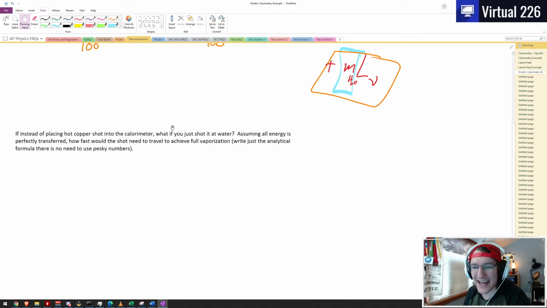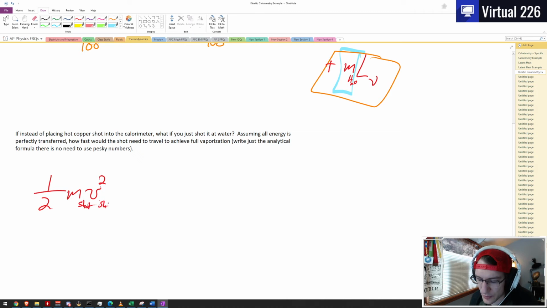It has a kinetic energy, right? We know that if we shoot this hot copper shot, or just shoot the copper shot in general, because it is traveling, it has energy 1/2 mv squared, where this is the velocity and mass of the shot, or the copper. We've been writing Cu, so let's do that again, Cu and Cu. We know this is some energy added to the system.